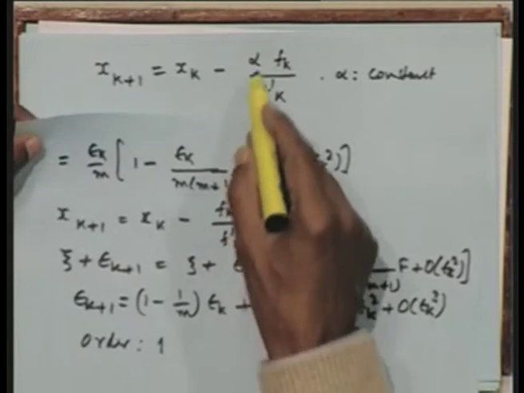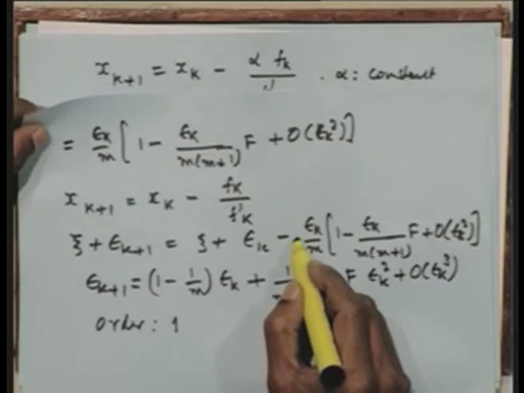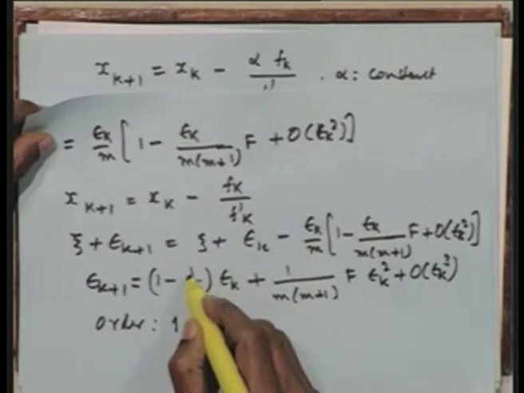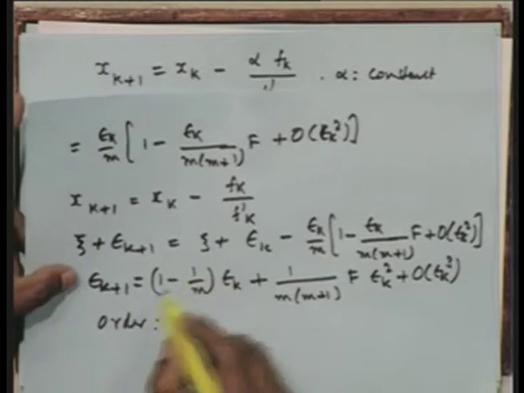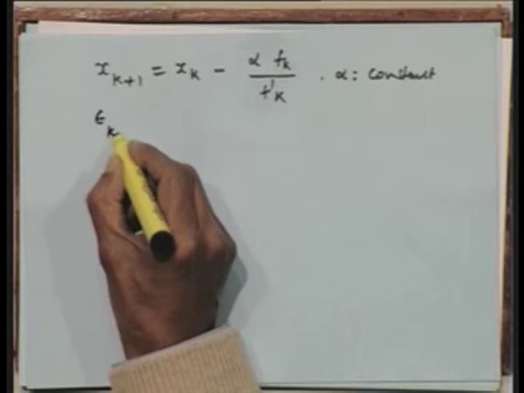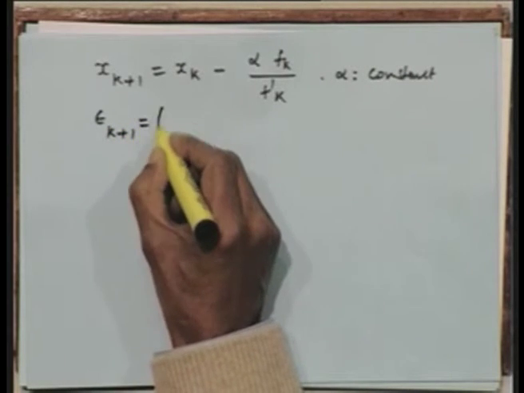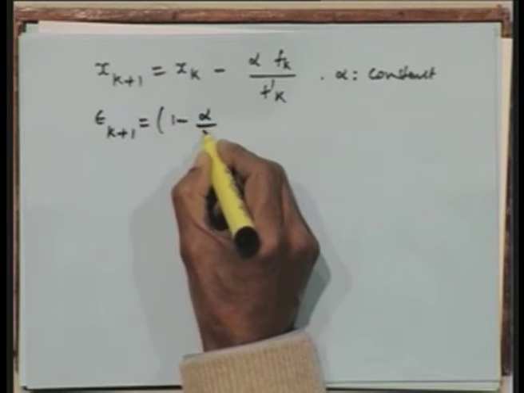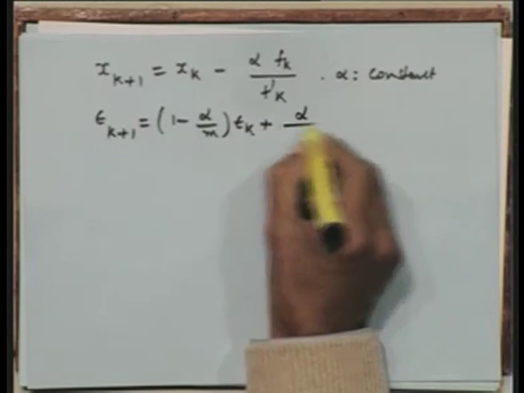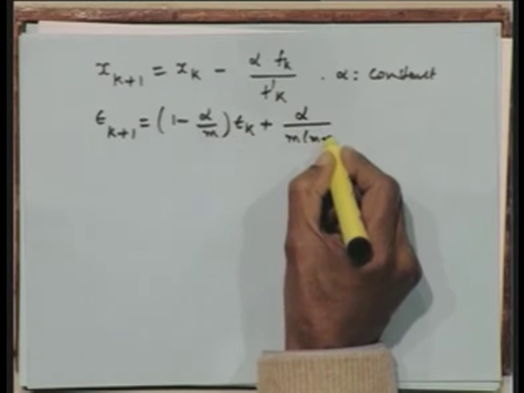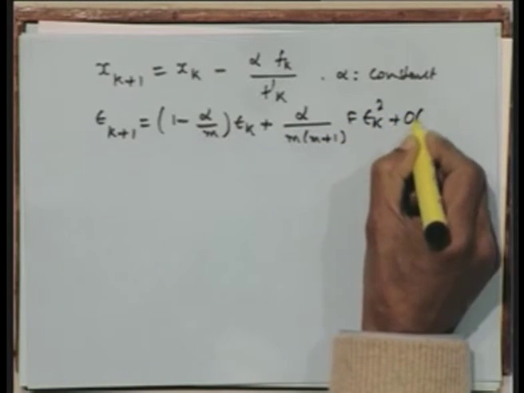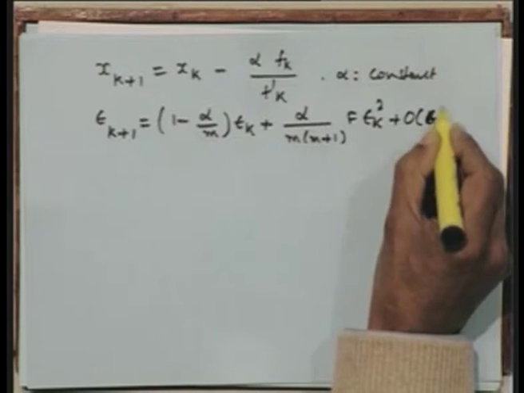Now if I put an alpha over here, this is going to be an alpha here. That means this error expression would look like, I would just write the same thing because it is a trivial quantity, 1 minus alpha by m epsilon k plus alpha by m into m plus 1 f epsilon k square plus order of epsilon k cubed.